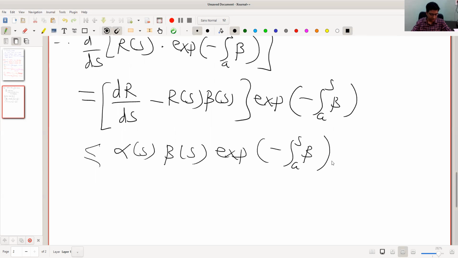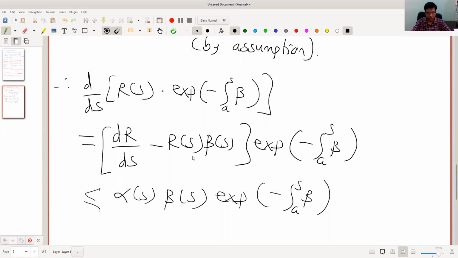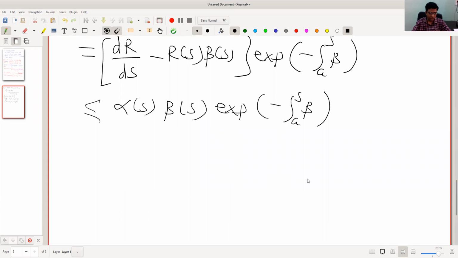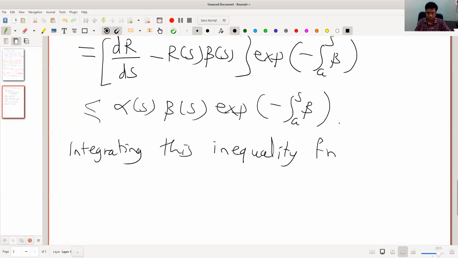Now we integrate this inequality from a to t.